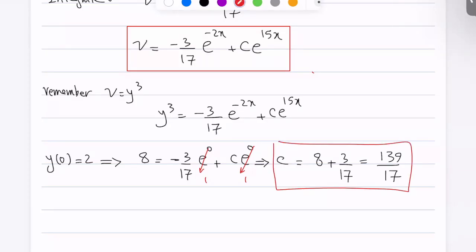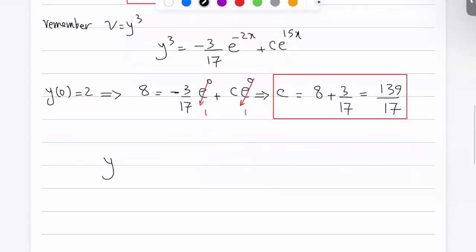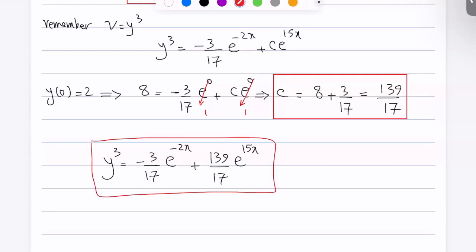So we have found c, and we are basically done. We can now say y cubed is negative 3/17 e to the negative 2x plus 139/17 e to the 15x. And this is our solution.